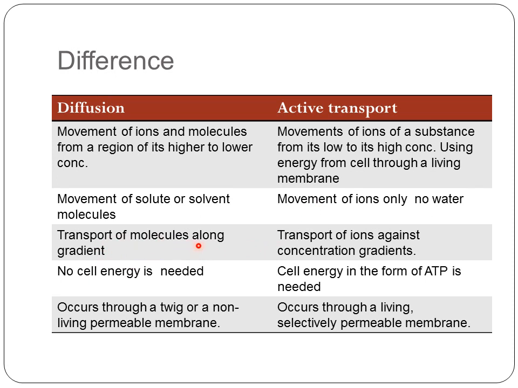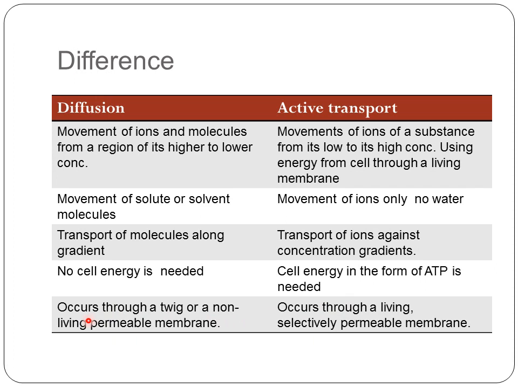Transport of molecules in diffusion is along the concentration gradient. We have told you that it moves from higher to lower, and it is against the concentration gradient in active transport. In diffusion, no energy, that is ATP or ADP, is required, but in active transport, cell energy in the form of ATP is always needed.